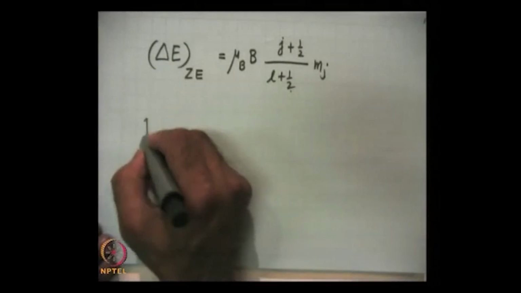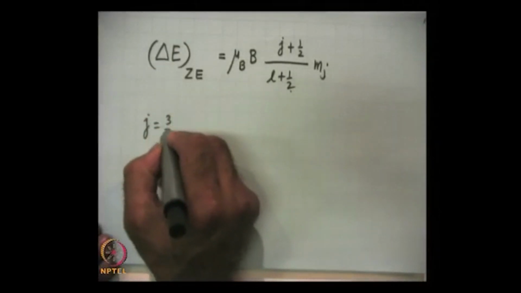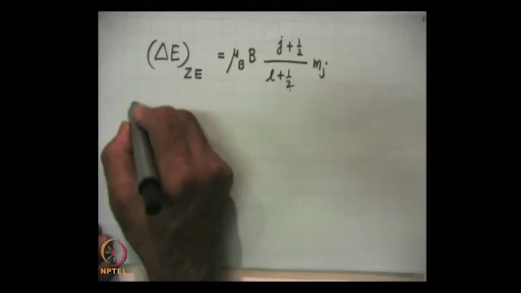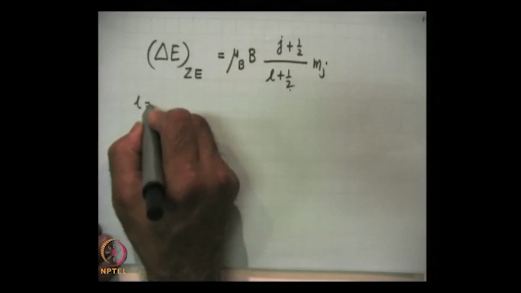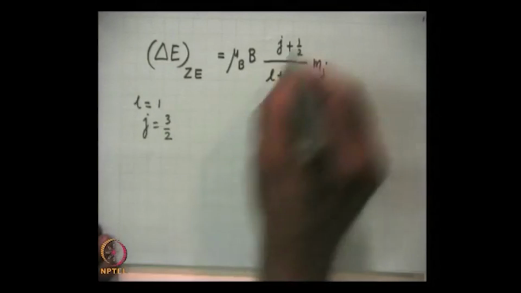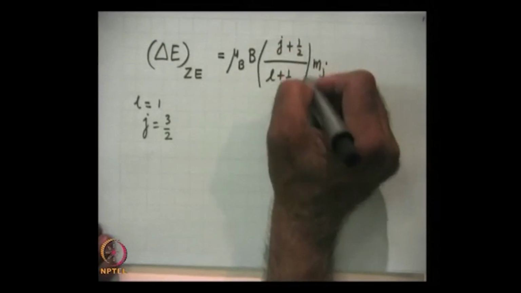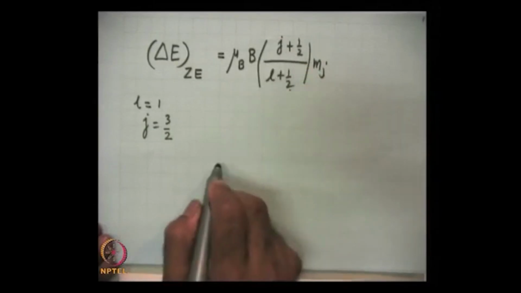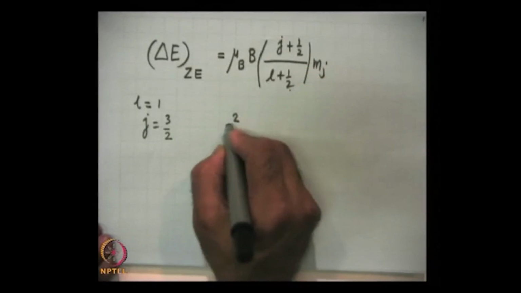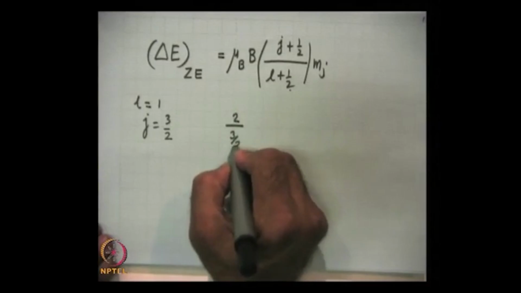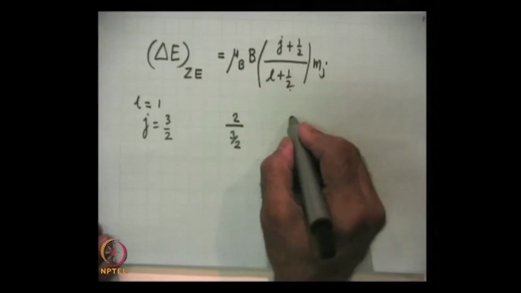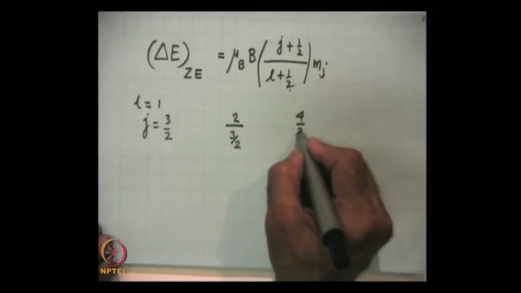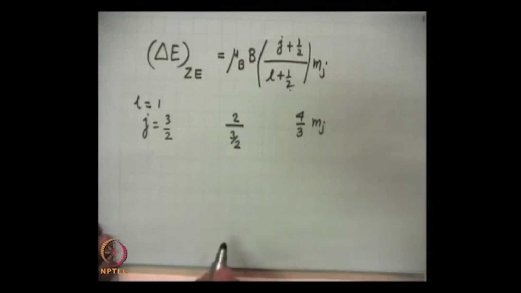So, for j is equal to 3 by 2 and L is equal to, let us suppose, 1, this term, so j is equal to 3 by 2. So, 3 by 2 plus half is 2, divided by 3 by 2. So, this is 4 by 3 mj.